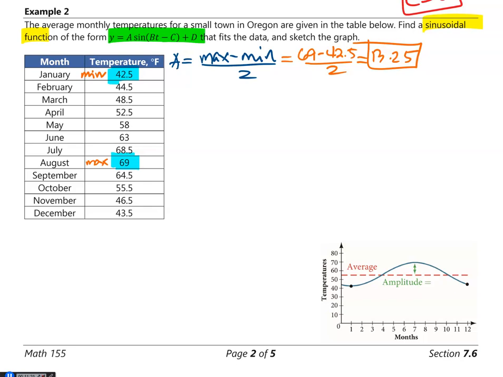Then we know that we have a period equal to 12. We have 12 months, and we know that your B is 2 pi over the period. So B is 2 pi over 12. Simplify this. B is equal to pi over 6.